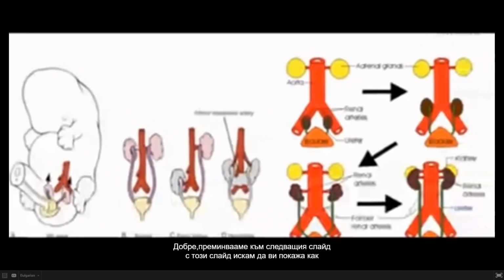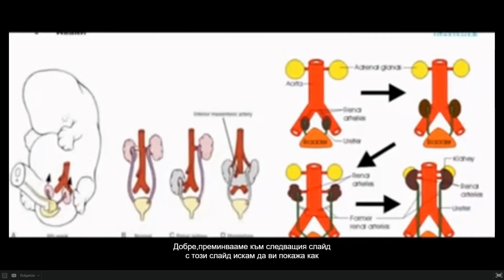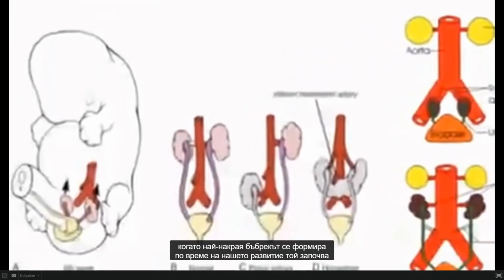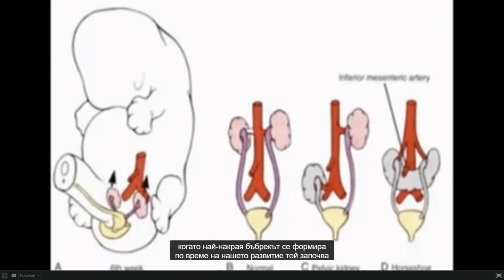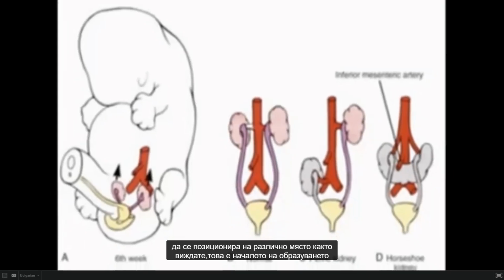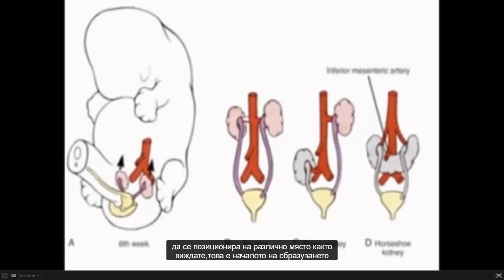With the 8th slide, I want to show you how, when the kidney finally forms during our development, it starts to position itself in a different place. And as you see, it is the beginning of formation of the star formation that is represented during the adult age.